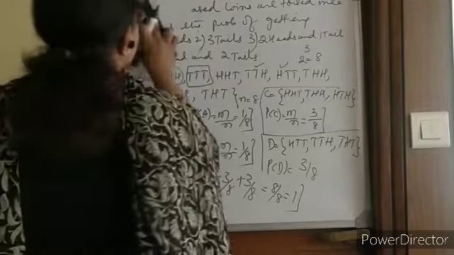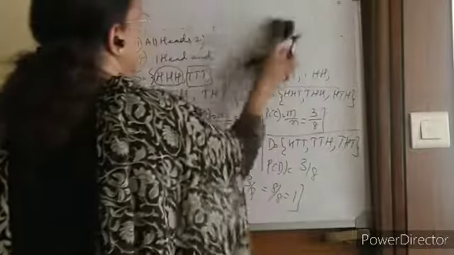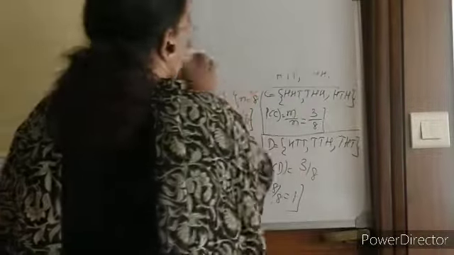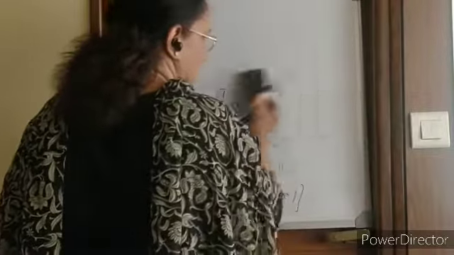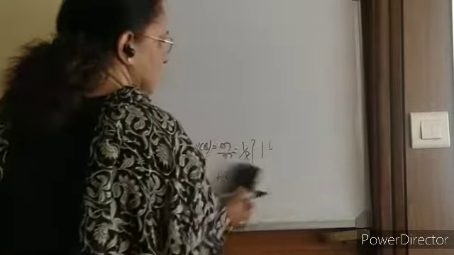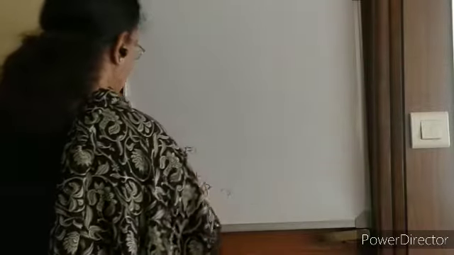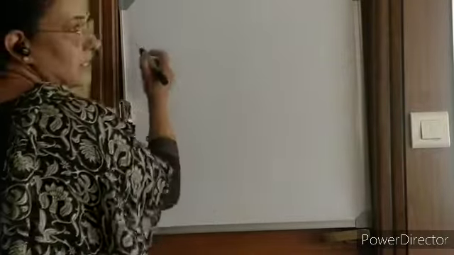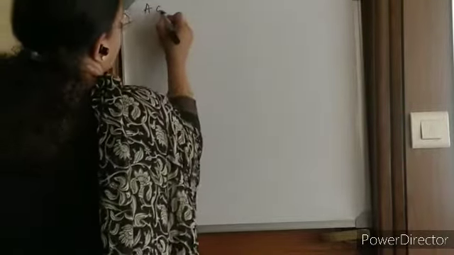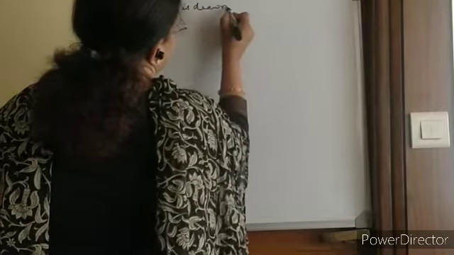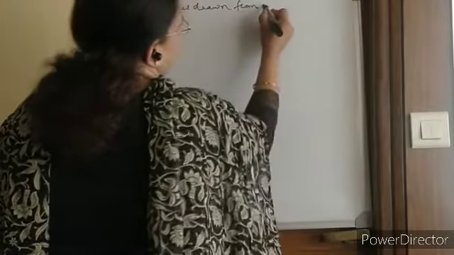Okay, now we have done problems based on coins and the die. Now there was one more example I had given you, the playing cards, right? Okay. Now if at all you have any problem on the playing cards. Now here the problem says like this. A card is drawn from a pack of playing cards.